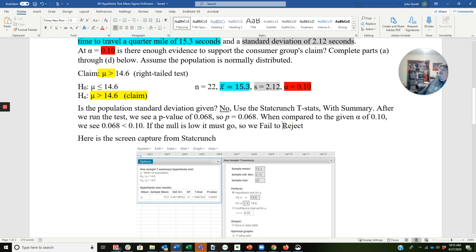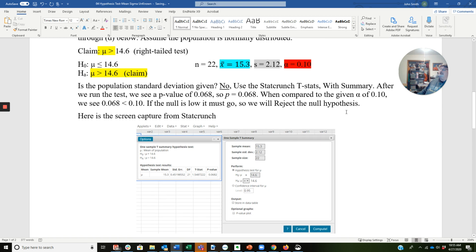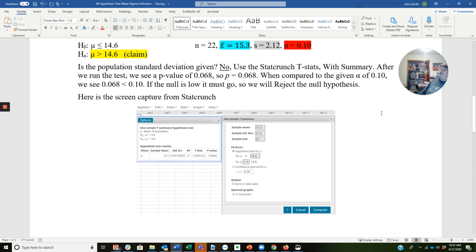So we will reject. So we're going to reject the null hypothesis. Again, the null is low, it's got to go. So we're going to reject.